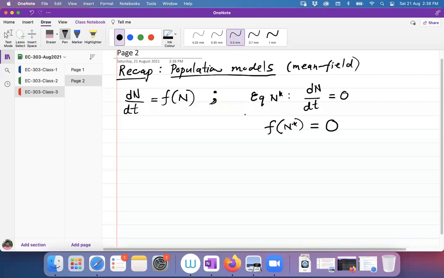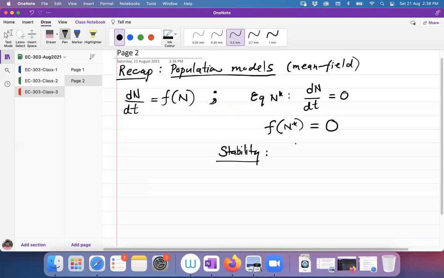And we also learned about the idea of stability. The idea of stability is that, if I make a perturbation from the equilibrium, will the perturbation explode or will the perturbation decay by itself?